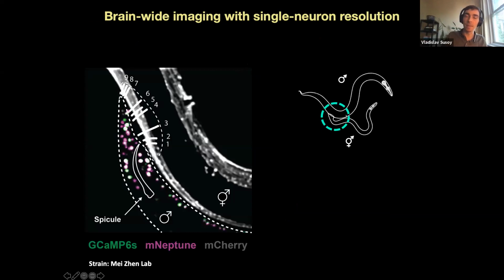That's colored in white, and it expresses fluorescent proteins so that we can see the hermaphrodite. And this is the male tail, and it's outlined. These are the sensory rays, and these are individual neurons. These neurons express a calcium indicator, GCaMP6, which allows us to look at the activity of these neurons, and a red fluorescent protein, so that we can see where the neurons are.